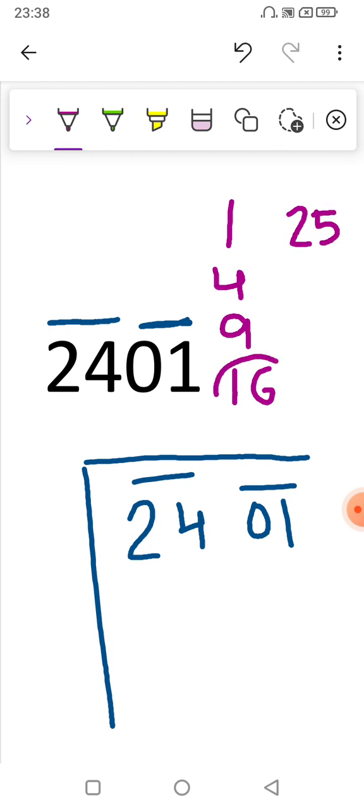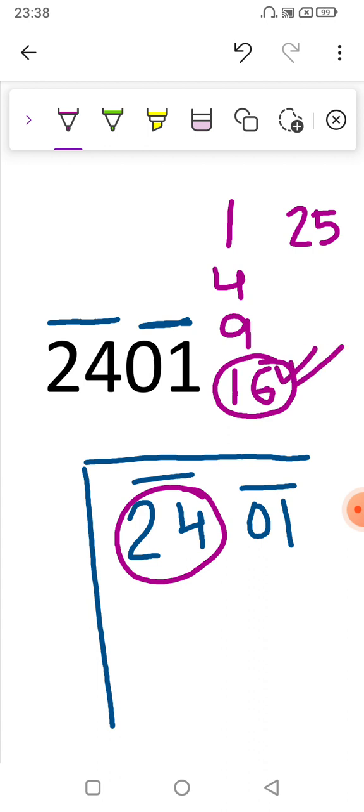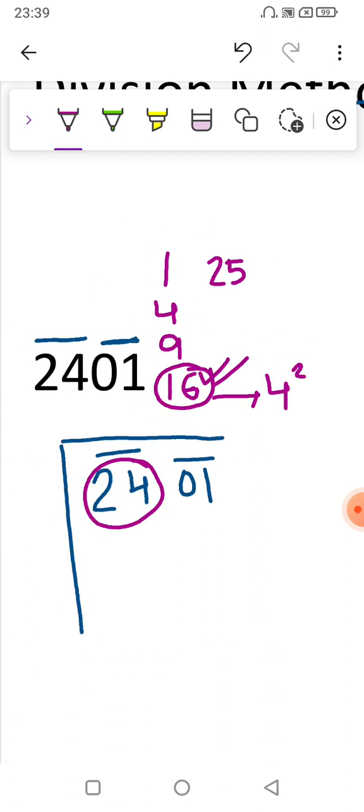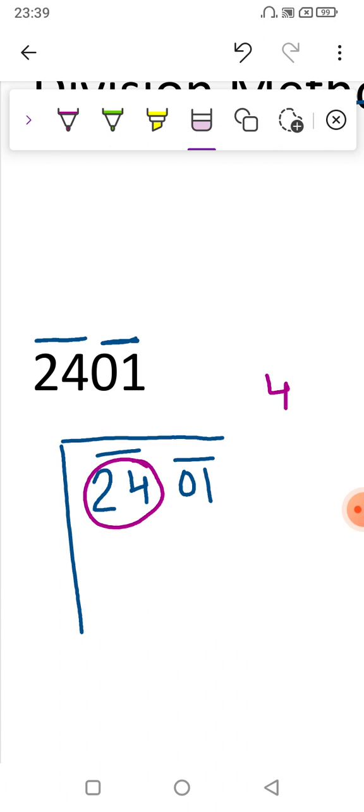So you see the number closest to 24, yet the smallest, is 16. And this is the square of 4. So it is 4 square, which is equal to 16.